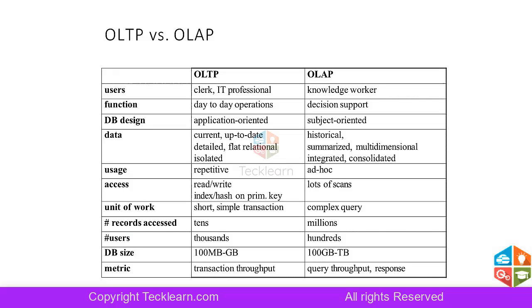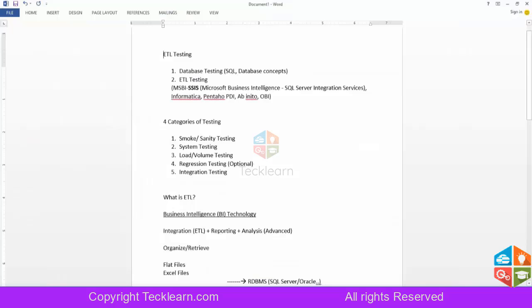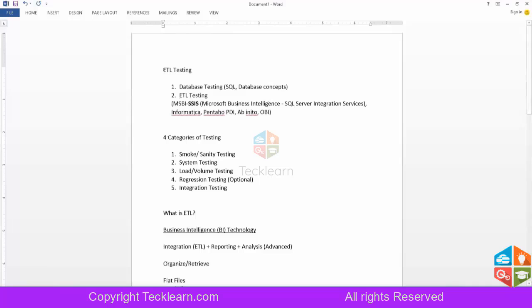Now you have a complete understanding of data warehousing and databases. Good. So the content which is planned for today's class is complete with this session.